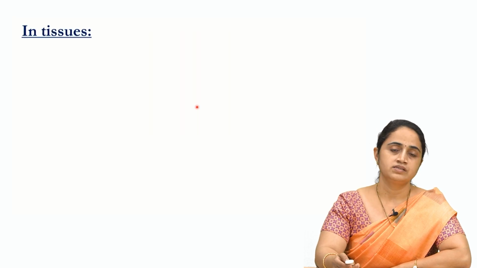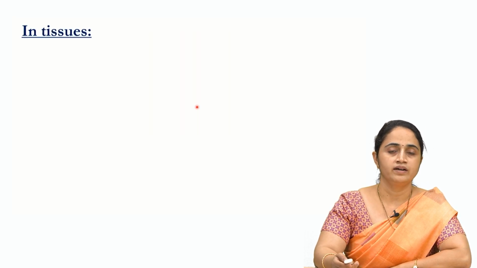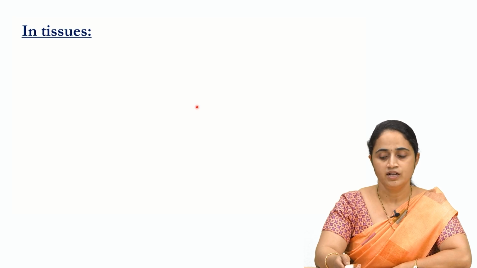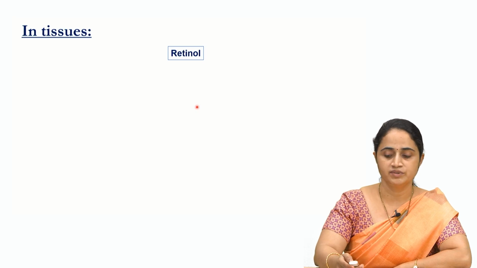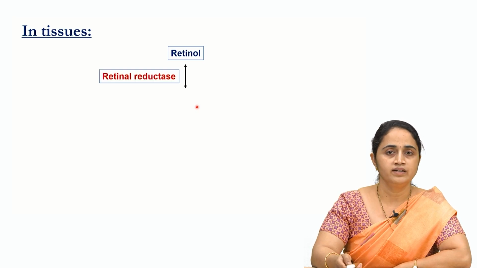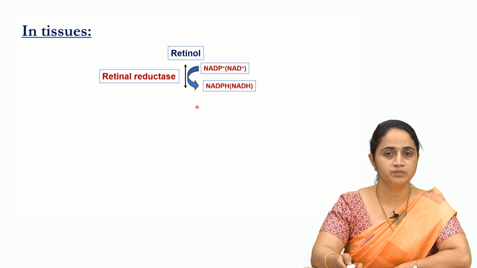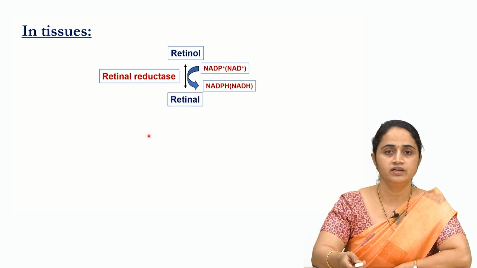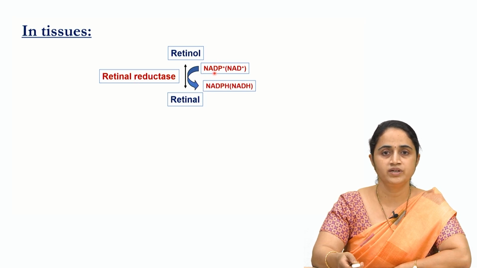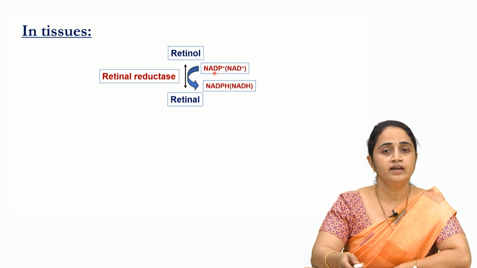So, how are retinol and retinoic acid functional? In our body, when we consume vitamin A in the form of either the plant source or the animal source, retinol and retinal are the interconvertible forms. So, retinol and retinal can be interconverted by the enzyme retinal reductase using NADP as the coenzyme. So, retinol can get converted any time to retinal, or retinal can form retinol any time.